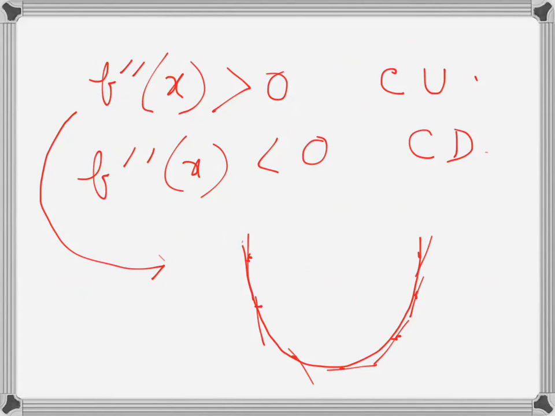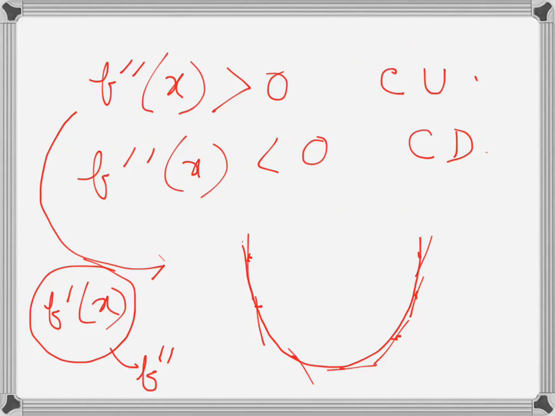Essentially the second derivative is the rate of change of the first derivative. How the gradient is changing, that's what the second derivative says. If we look at this curve, the second derivative is always positive because the gradient is always increasing.